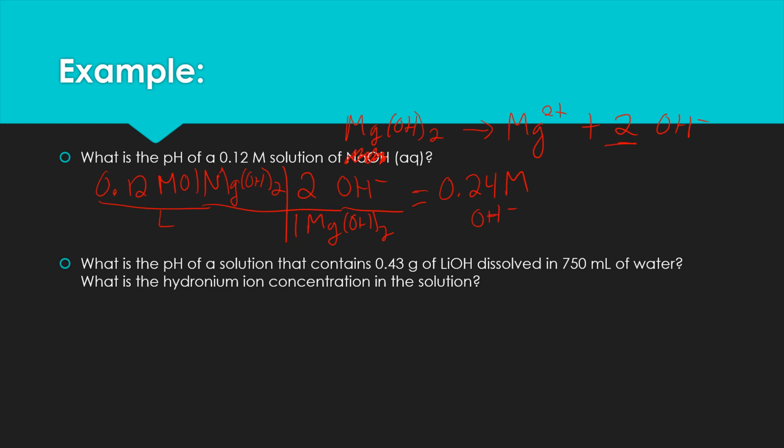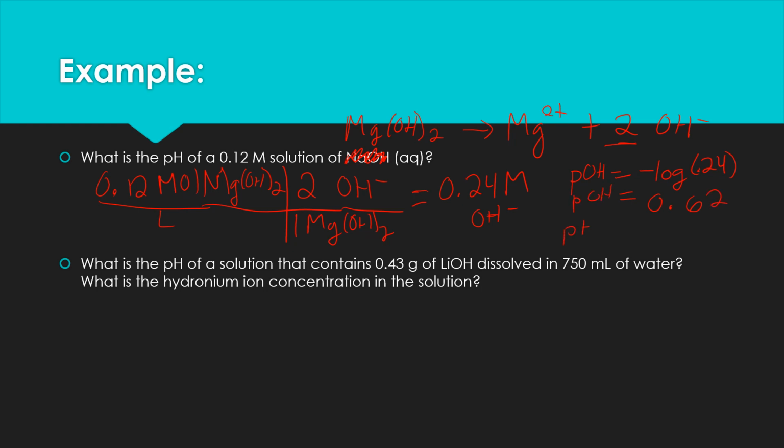So if we want to find our pH, we would find our pOH first, negative log of 0.24. If we calculate that, negative log 0.24, we get 2 decimals, 2 sig figs, 0.62 is our pOH.